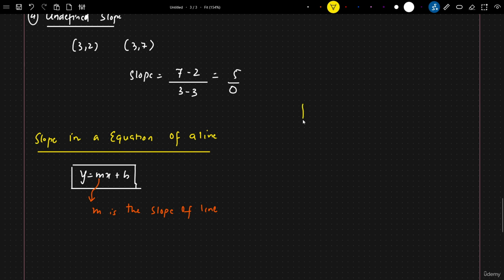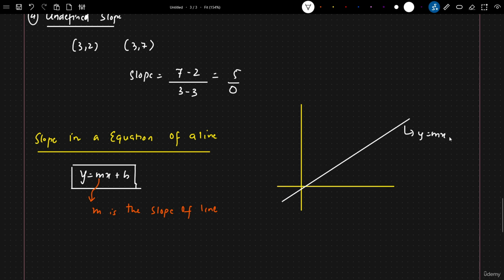Let's say I have a line which looks like this, and this line passes through the origin 0. If it passes through the origin, that basically means this actually becomes y is equal to mx plus b. b is nothing but an intercept. It says where we are meeting on the y-axis. If you are meeting the y-axis at the origin, then b will be equal to 0.